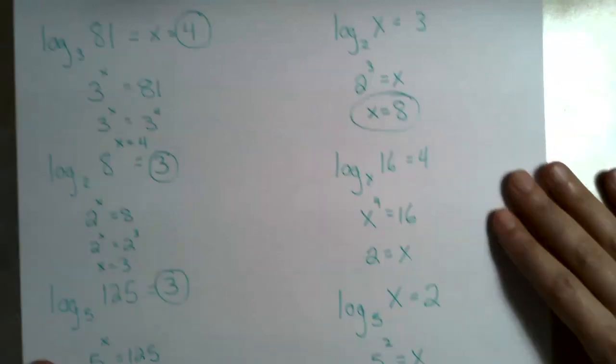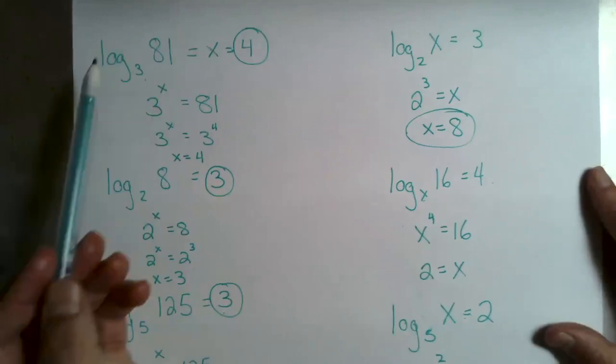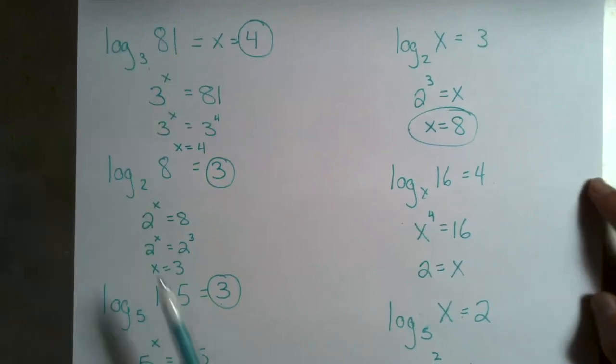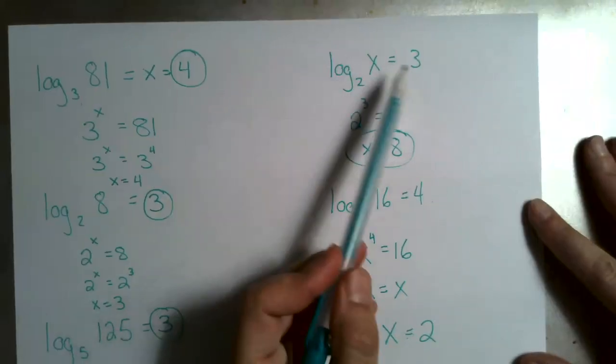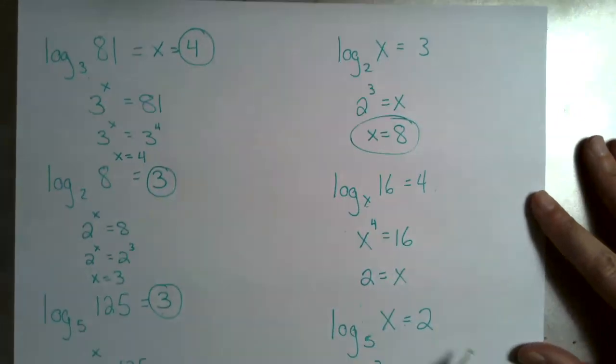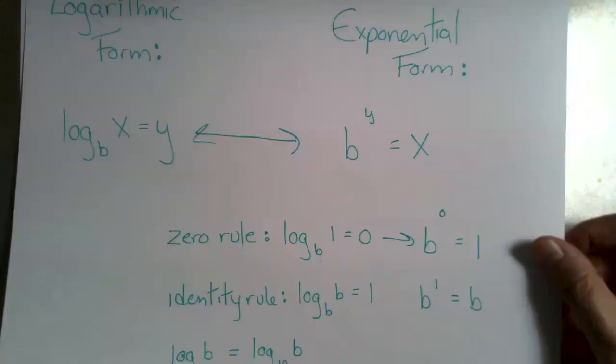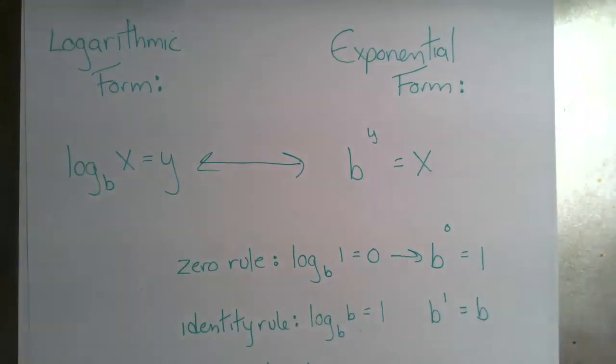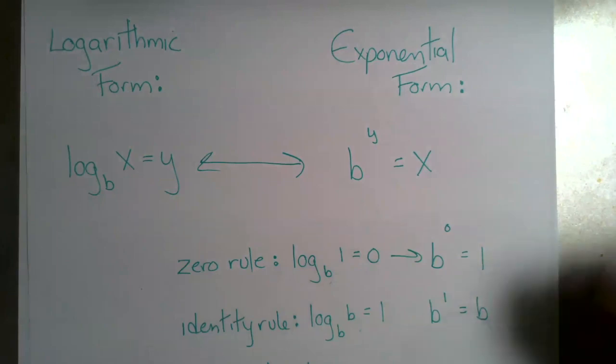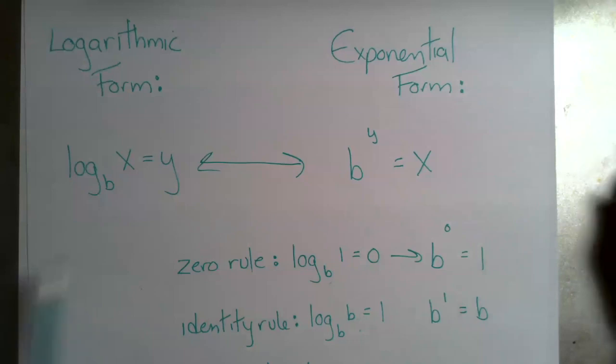So that is 3 examples of evaluating logarithms and 3 examples of converting from logarithmic form to exponential form in order to solve. So you can go back and forth between log form and exponent form depending on what's needed. And so one final time, let's just take a look at that.